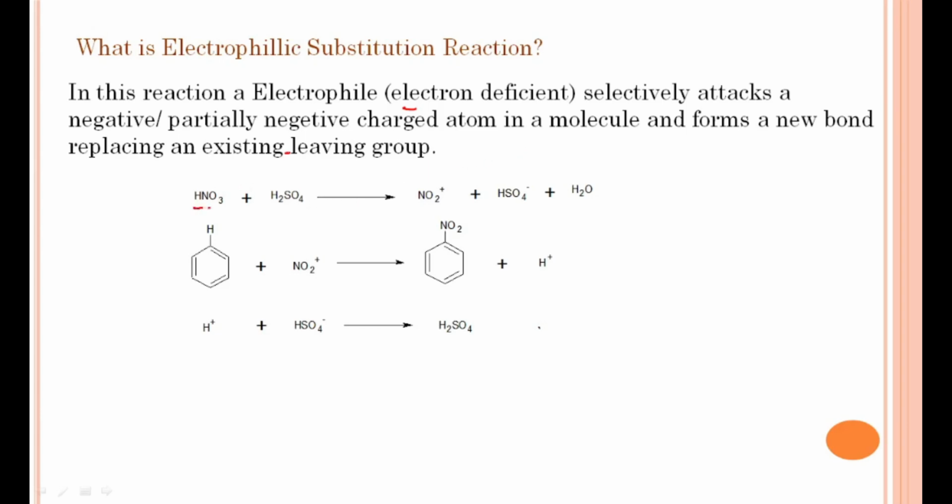Here, if you see the nitration of benzene, this electrophile is generated, and this electrophile replaces the hydrogen. So hydrogen is going out, and in its place NO2 has replaced it. So that is a substitution reaction. As an electrophile is involved, that's why it is an electrophilic substitution reaction.